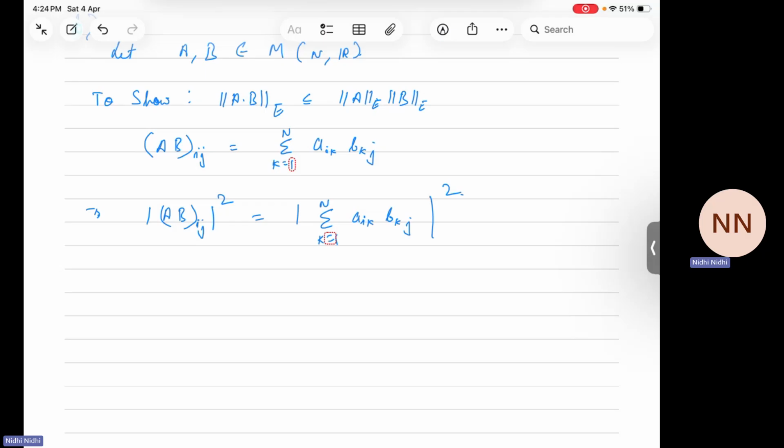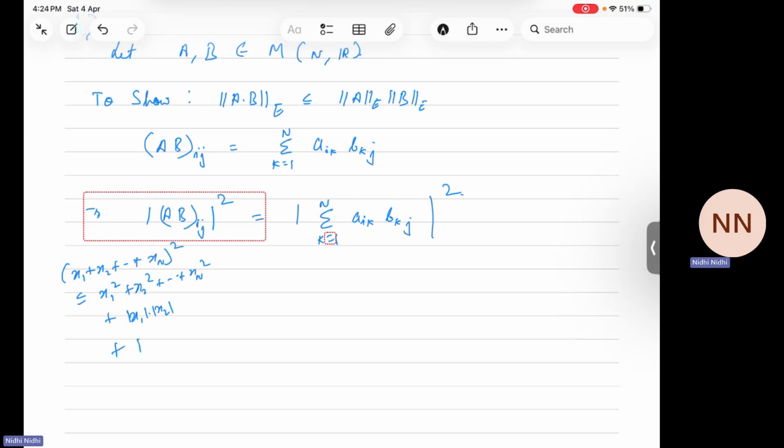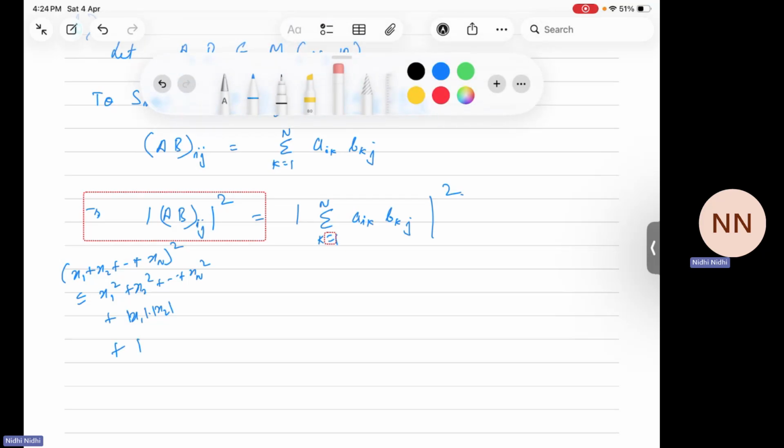So we all know that if we have (x1 + x2 + ... + xn) squared, this is always less than or equal to x1 squared + x2 squared + ... + xn squared plus the mod of x1 x2 cross terms. I'll write it in summation form.